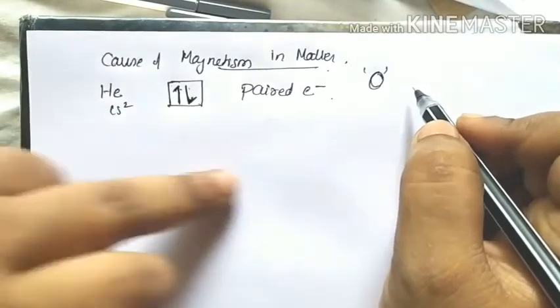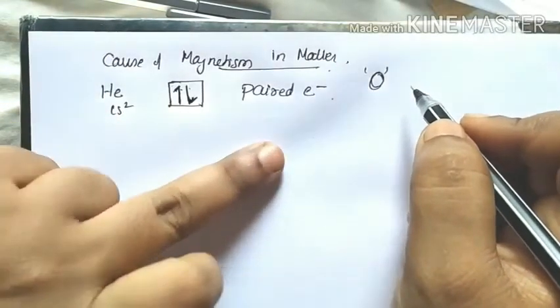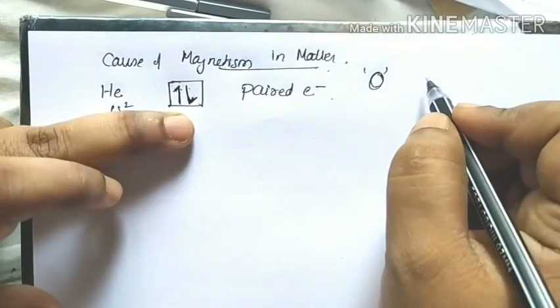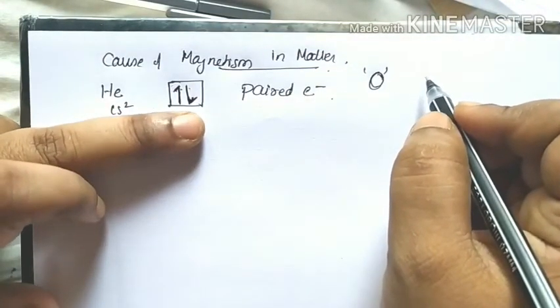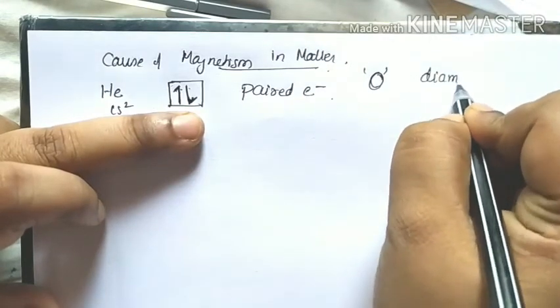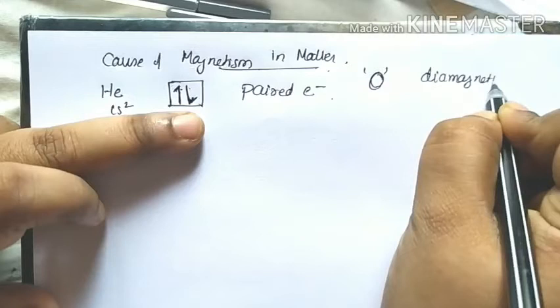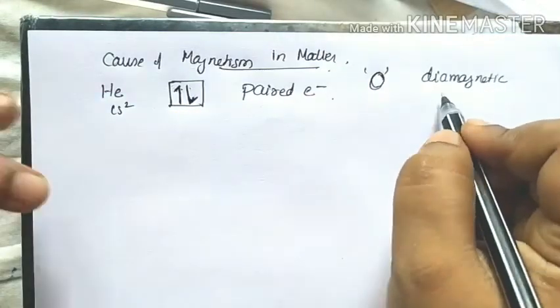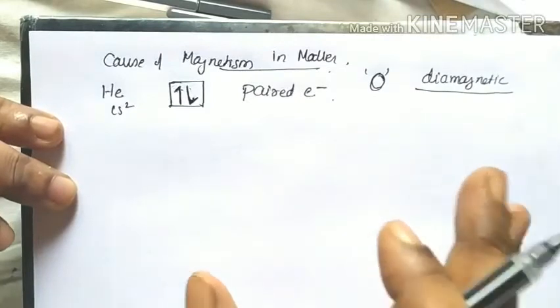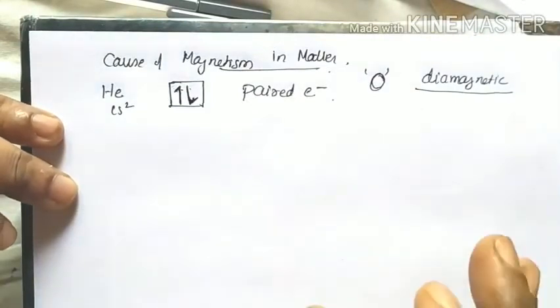So this type of materials or matter which are having paired electrons will have 0 dipole moment or 0 magnetic moment, and this type of materials are called, I hope you remember, diamagnetic materials. Their net dipole moment is equal to 0.